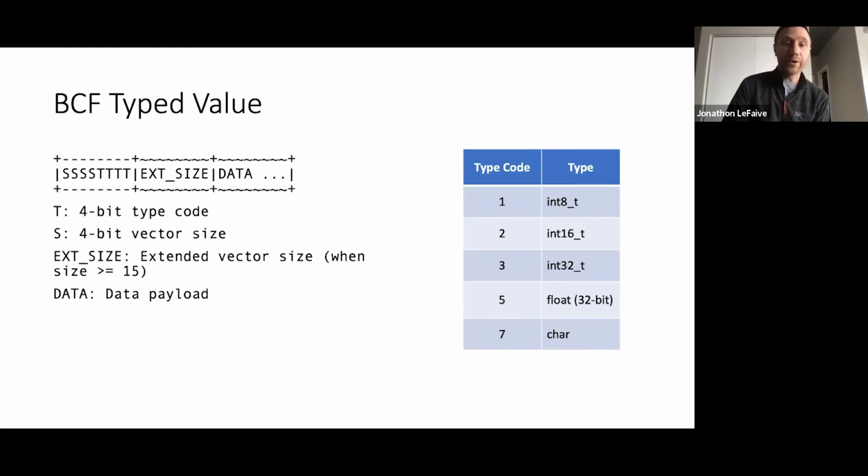The type is encoded in the 4 least significant bits of the first byte, which is labeled as 4 T's in this diagram. But of the 16 possible values that can be stored in 4 bits, only 5 are currently being used for BCF, and that's the 5 entries on the table to the right.